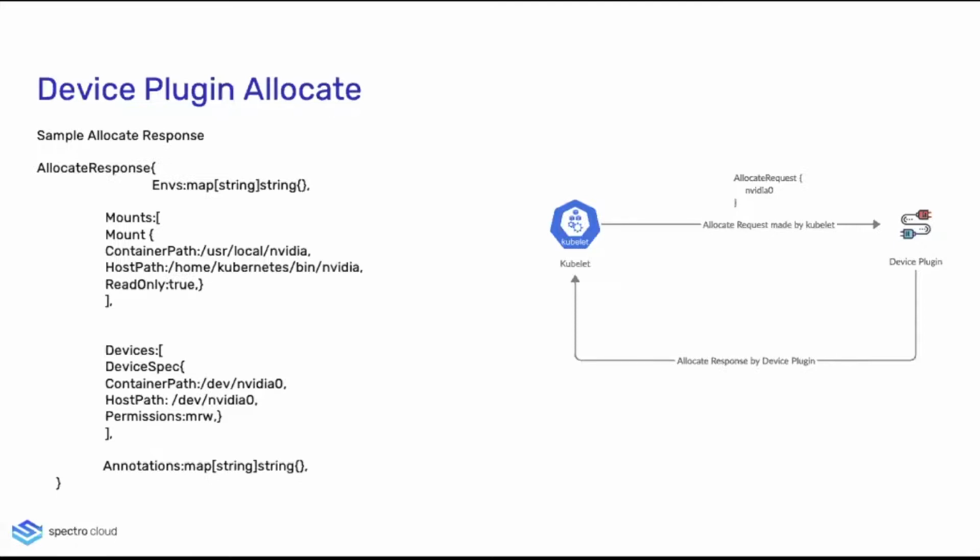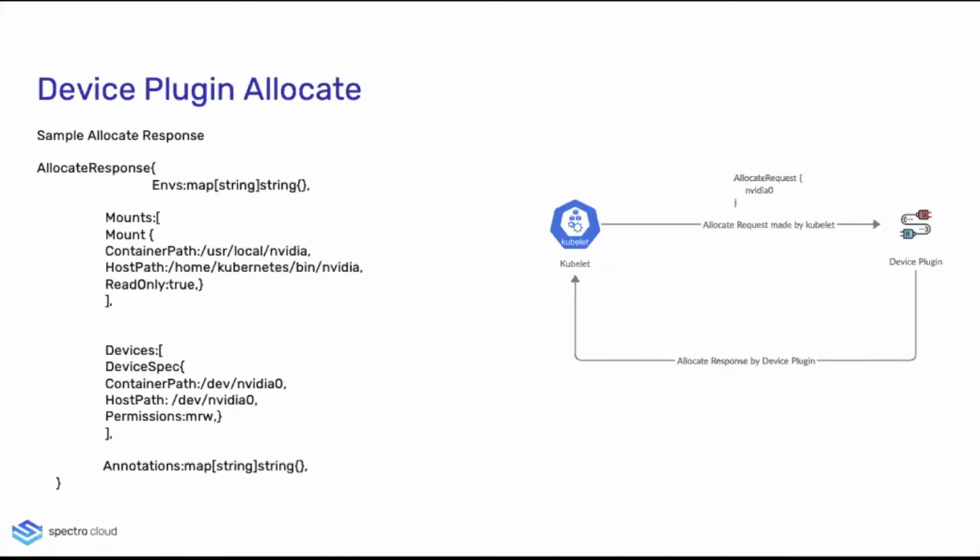In our case, this is the directory where our driver installer has installed all the NVIDIA binaries and libraries. This way we can share our NVIDIA utilities and install shared object files to the container.